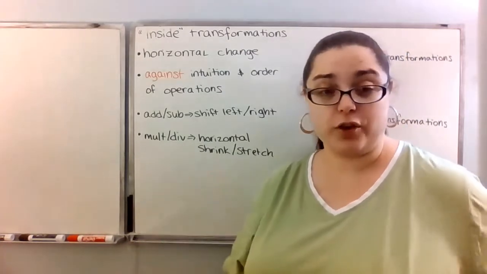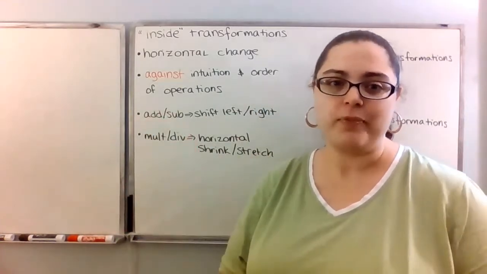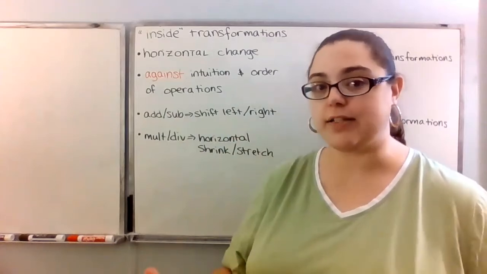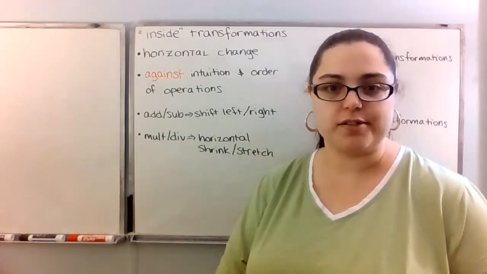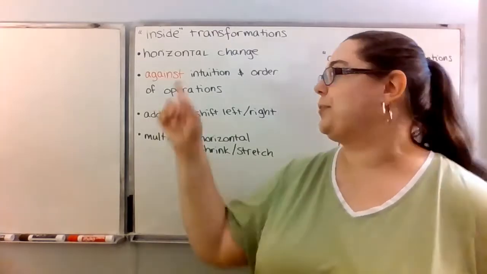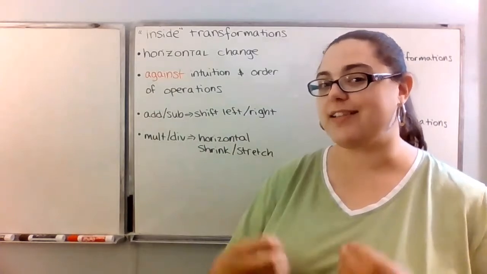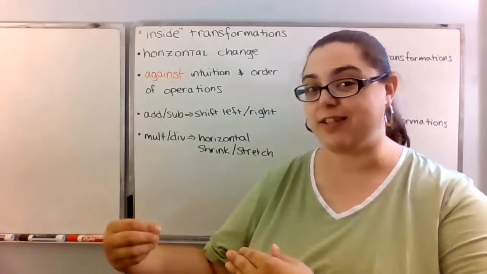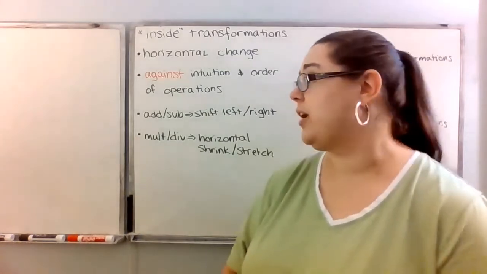So remember with a vertical transformation, if we had a +2, we thought that's going to be a shift up. So our intuition tells us if we're adding 2, that ought to be a shift to the right if we're doing horizontal changes. So this is what I mean by we work against intuition. If we add 2 inside the function, that's actually going to be a shift to the left instead of to the right. So it works against what you want it to do.